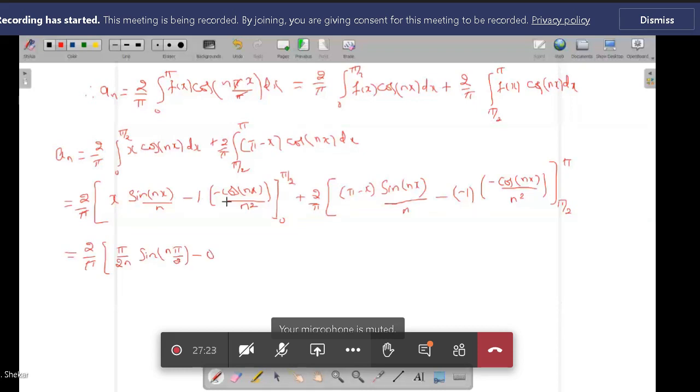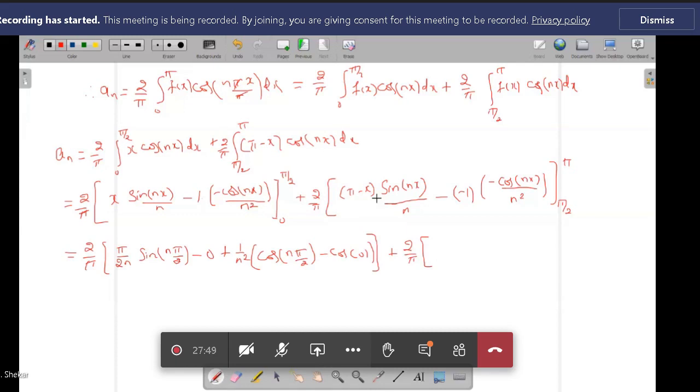So minus into minus plus, when you put an upper limit, 1 by n square into cos n pi by 2 minus cos 0, plus 2 by pi into, now when you put an upper limit, pi minus pi is 0, into sin n pi divided by n.